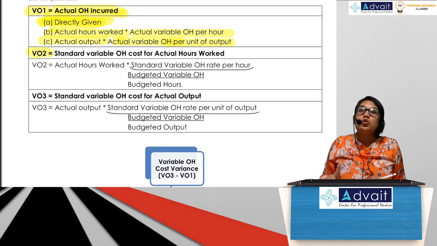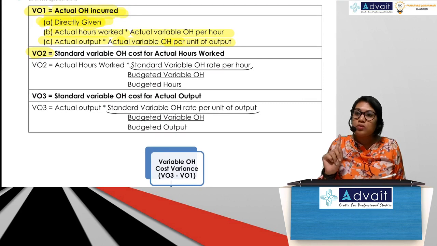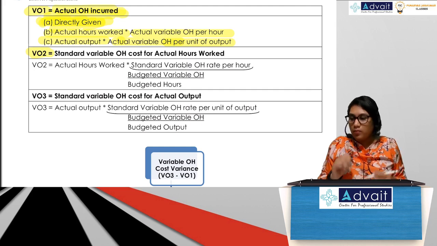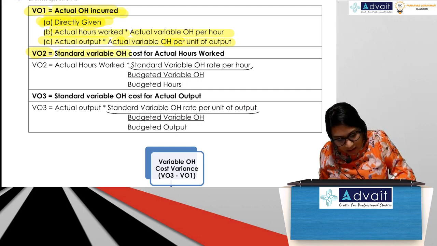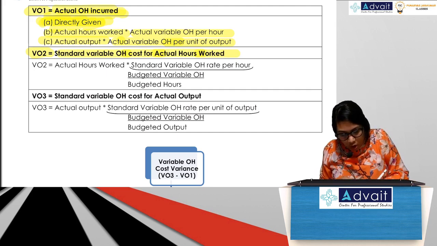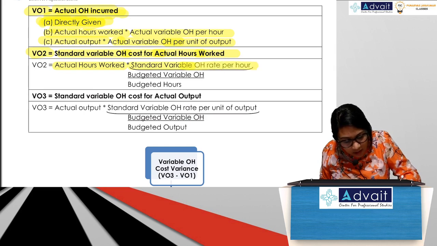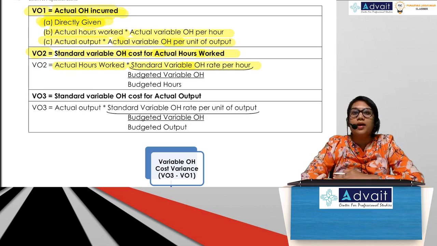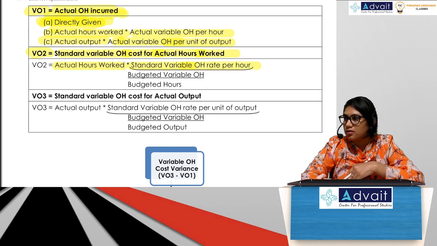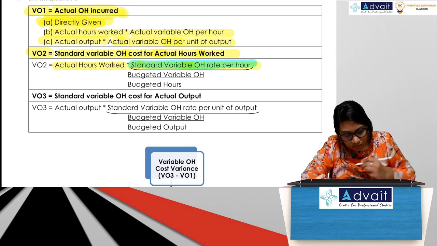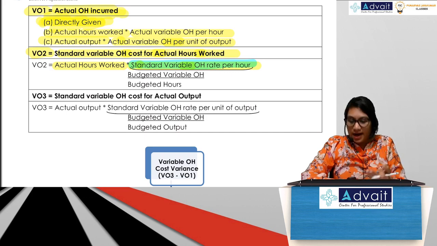Now VO2. VO2 is like M2. What was M2? Actual quantity into standard rate. Same. See this? Standard variable overhead cost for actual hours worked: actual hours worked into standard variable overhead rate per hour. Correct? Actual into standard. Now the question is, how do you calculate standard variable overhead rate per hour?